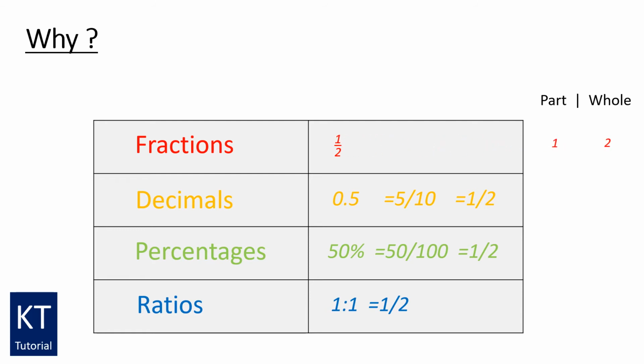As previously mentioned for fractions, the numerator 1 represents how many parts, and the denominator 2 represents the whole. In the case of the decimal 0.5, 5 represents how many parts, and 10 represents the whole.